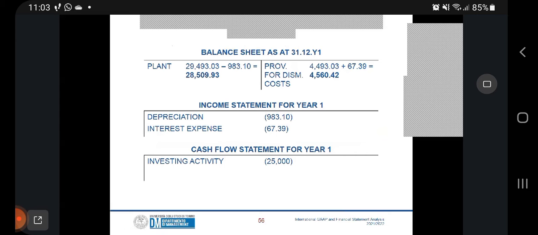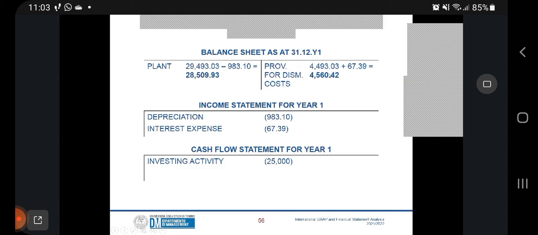Balance sheet, income statement, and cash flow statement for the first year. First of all, the amount of the plant will be the historical cost minus the first half depreciation charge, as always, 28,000. And moreover, the provision for dismantling costs will be the present value plus the first charge computed before, according to IFRS 9.